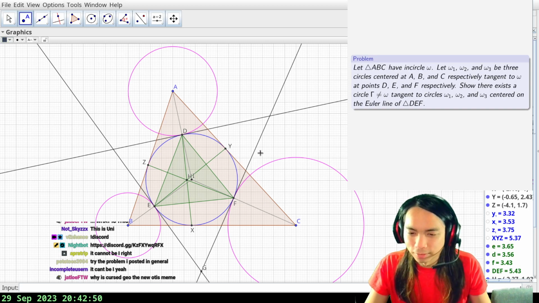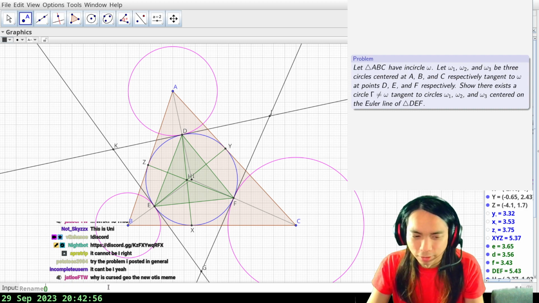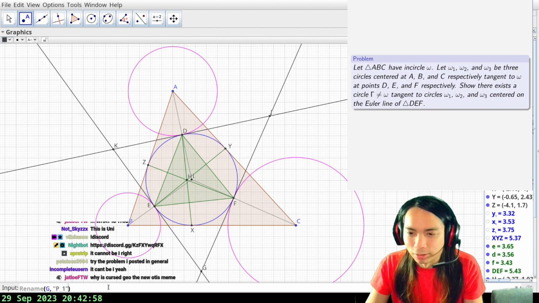So these are points on the radical axes that we very conveniently constructed, which I will very creatively name P1, P2.